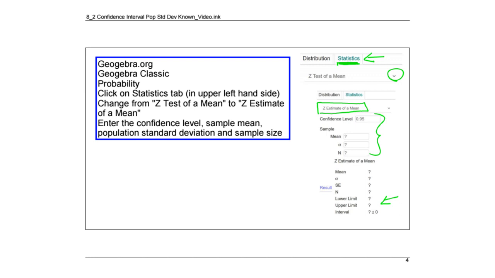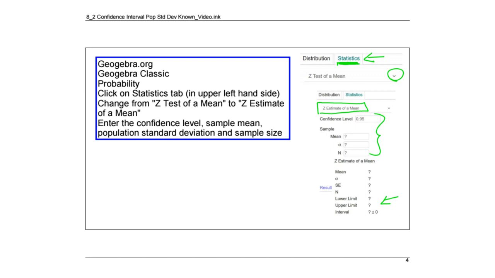All right, now in GeoGebra, we have to go somewhere a little different than we've been doing. In the last chapter, we went to probability, and then we stayed in the normal distribution that came up, or we switched it to binomial or Poisson.